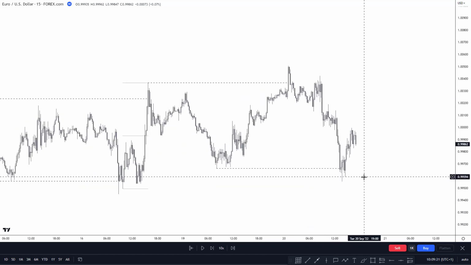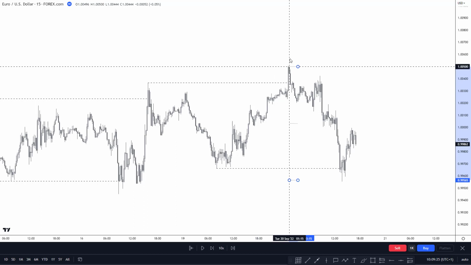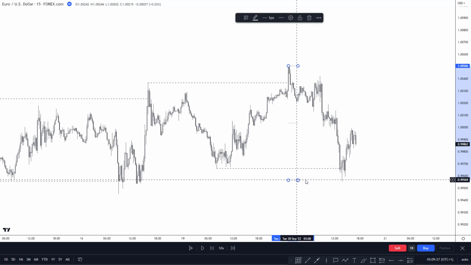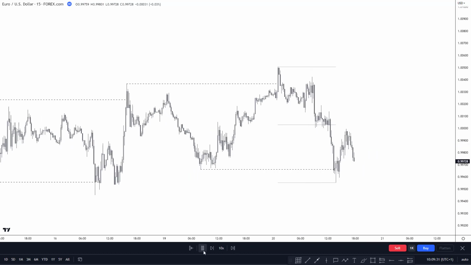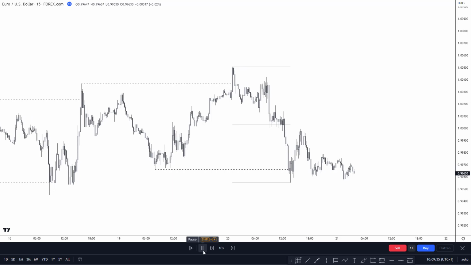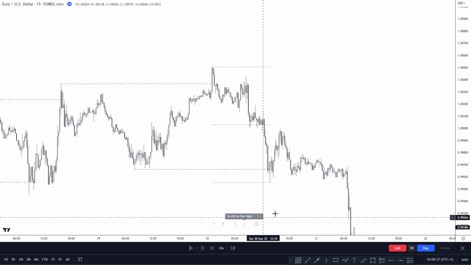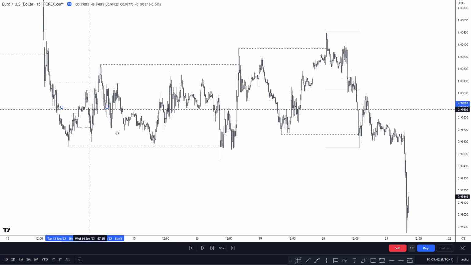We have another break, and we have a new major range. And this is just very ugly price. Finally, we have a further break of the low.